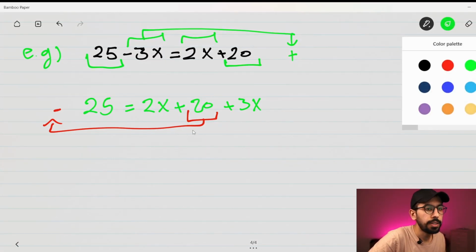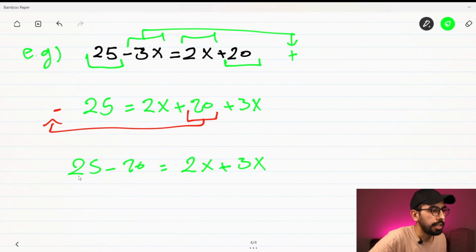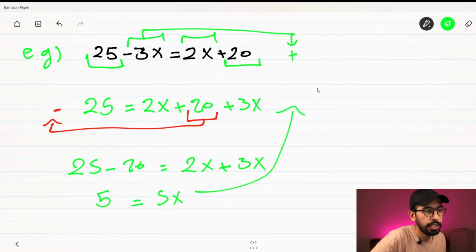The result will be 25 minus 20 equals 2x plus 3x. So 25 minus 20 is 5, equals 2x plus 3x, which is 5x. Then the result will be 5 equals 5x.